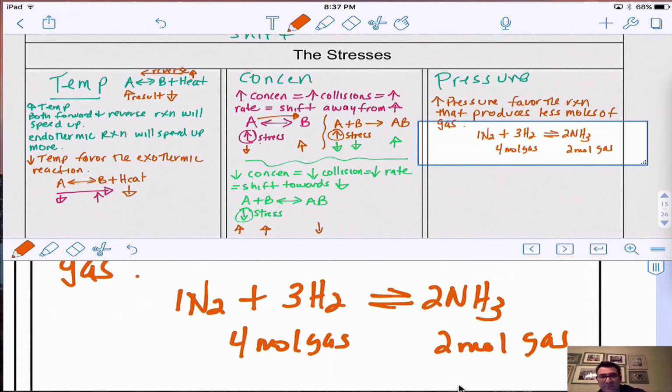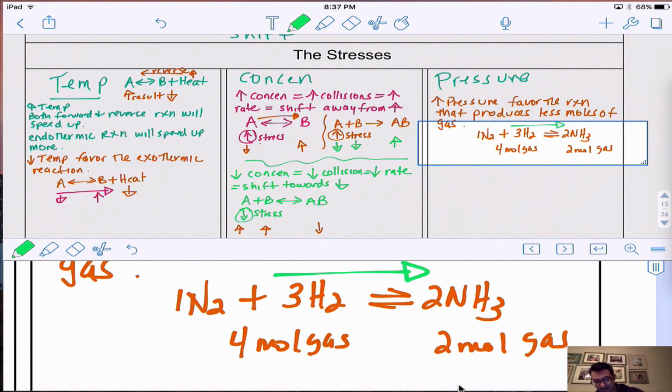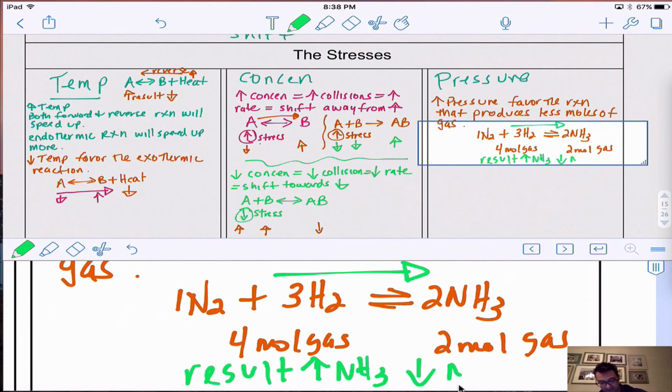If I increase the pressure, usually by decreasing the volume, I will shift or favor the side that has fewer moles of gas. So I'll shift to the right side here. In this case, it has 2 moles of gas compared to 4. The result with an increase in pressure is going to be more NH3 made and less N2 and H2.